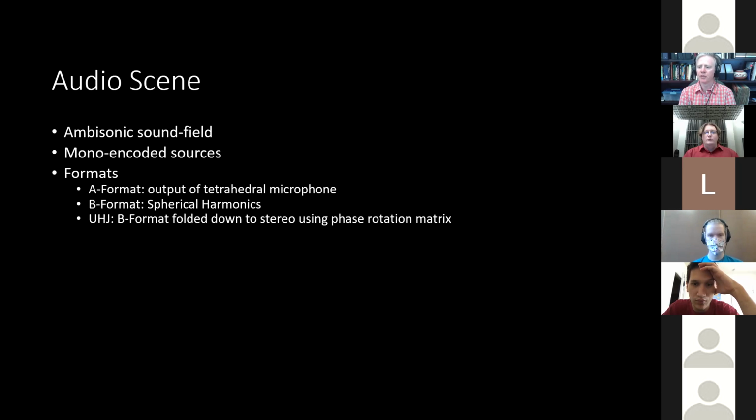I have a question about this. Sure. So the UHJ format, B format folded down to stereo using a phase rotation matrix. That means that we can unfold it, right? So if I wanted to, could I play a UHJ format on multiple speakers? Yes.